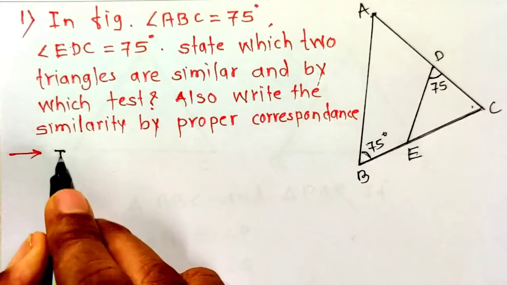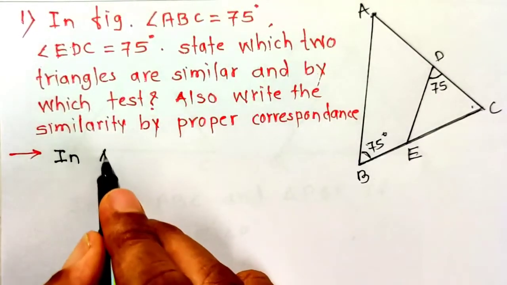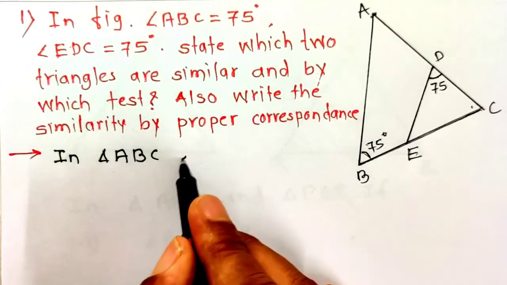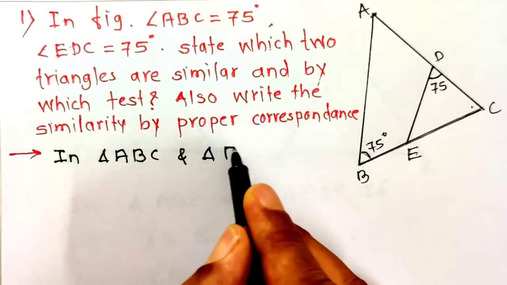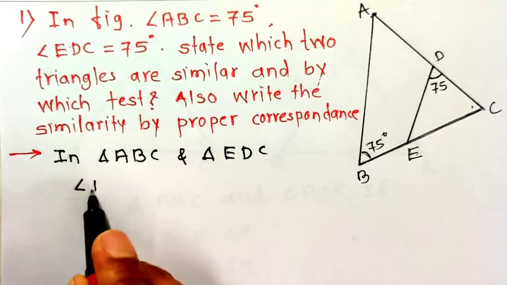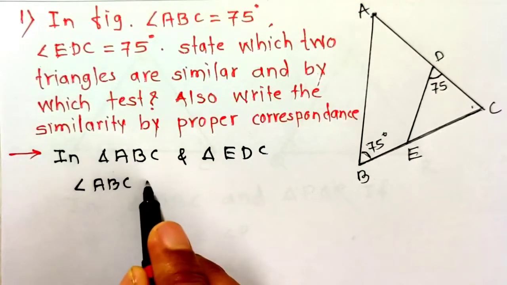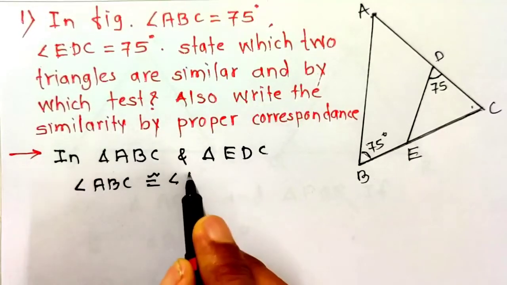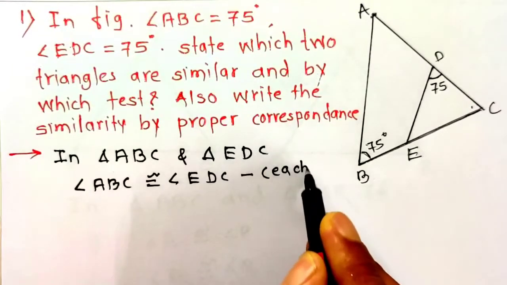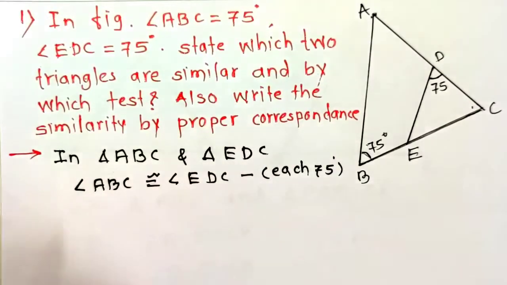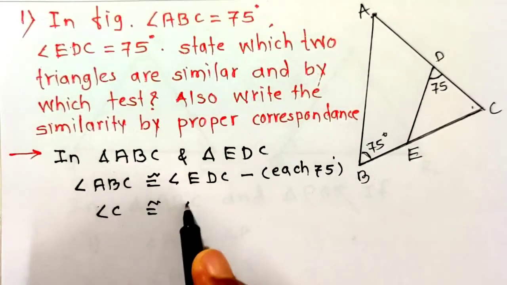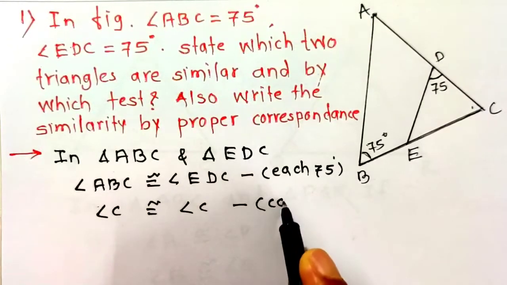Now how to prove? In triangle ABC and triangle EDC, first pair, angle ABC is congruent to angle EDC. The reason is each is given 75 degrees. Second, angle C is congruent to angle C. Reason is common angle.